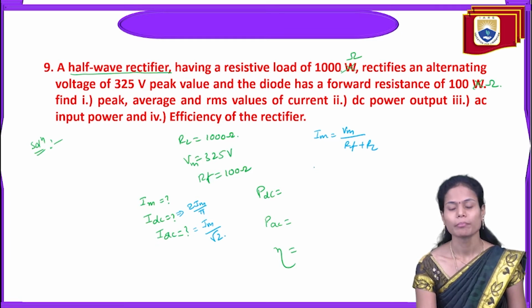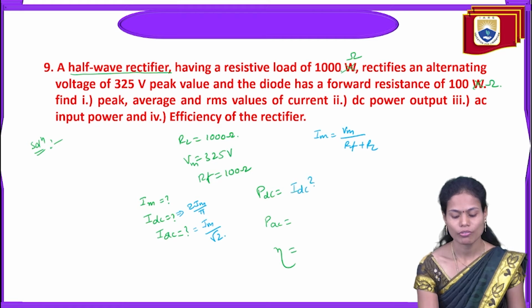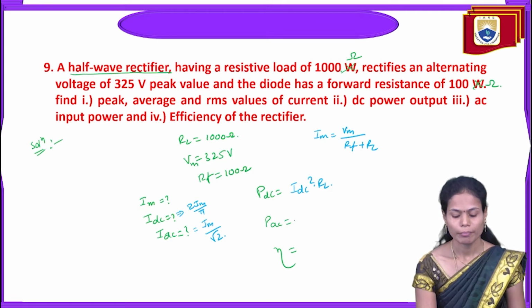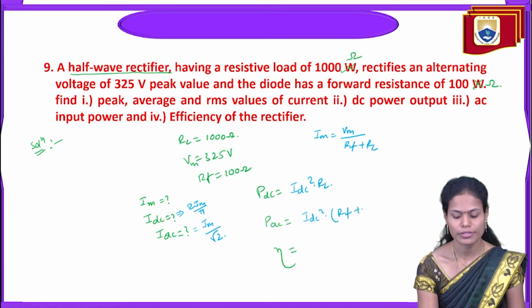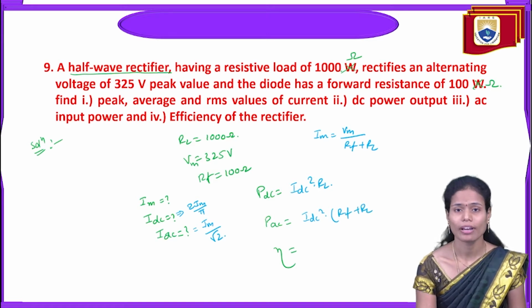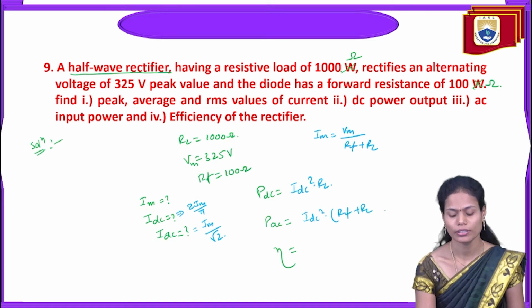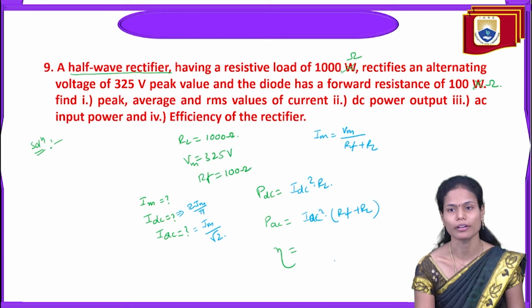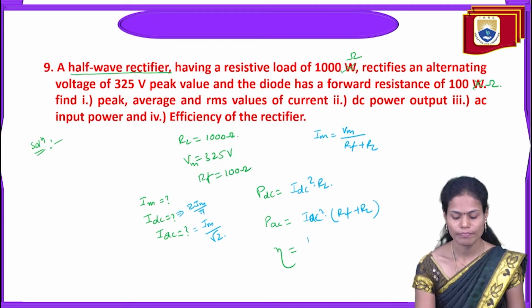PDC is nothing but IDC square into RL, or in terms of VDC square by RL also we can take. And PAC is equal to IAC square into Rf plus RL. If you have any secondary voltage, we have to take that also into consideration. And to find the efficiency, that is PDC by PAC into 100%.